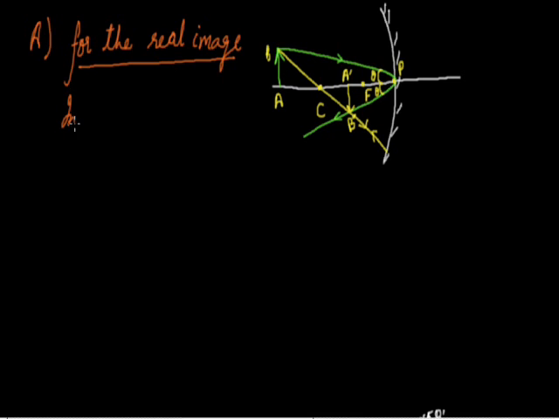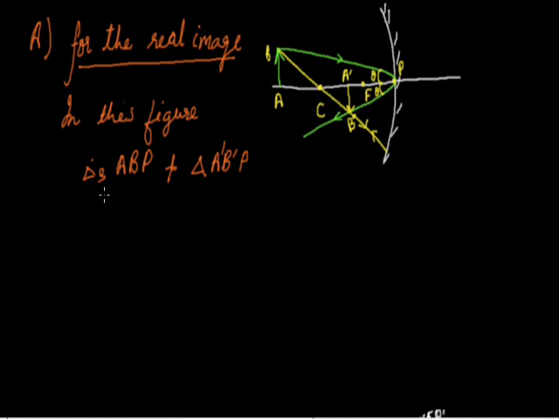As we can see in this figure, if we compare triangle ABP and triangle A'B'P, we can easily see that because of the same angles, these two triangles are similar.